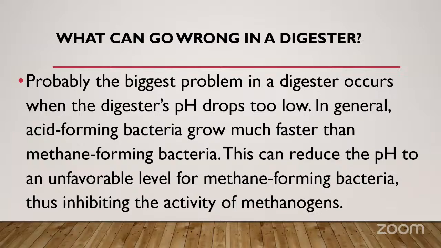So this can reduce the pH to an unfavorable level for methane forming bacteria. And when methane forming bacteria are not enough, what we have at the end of the day is that the activity of the methanogens is slowed down, and the system will not work properly.